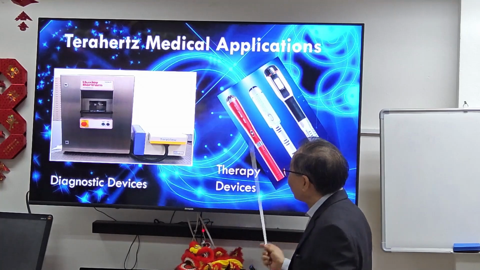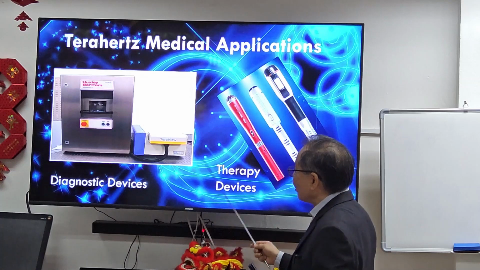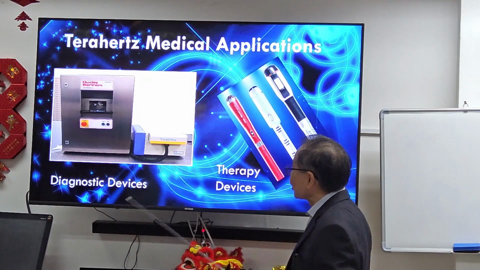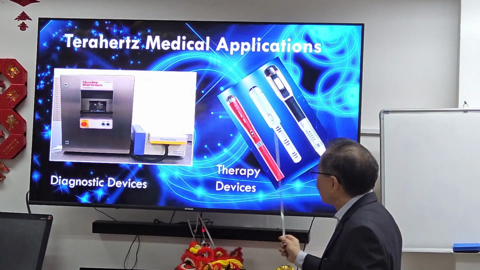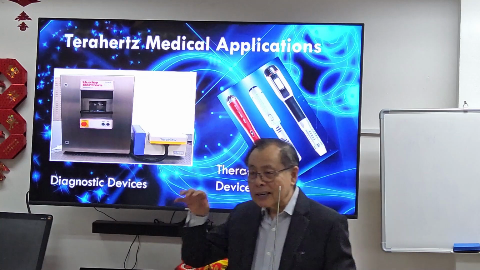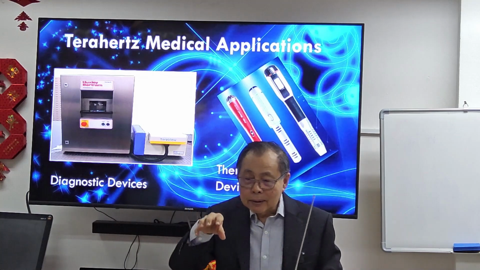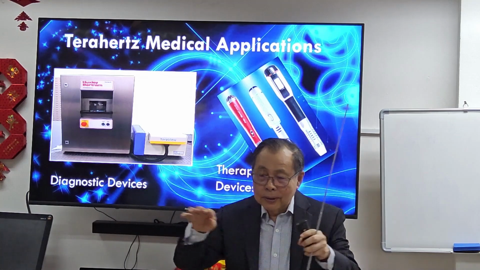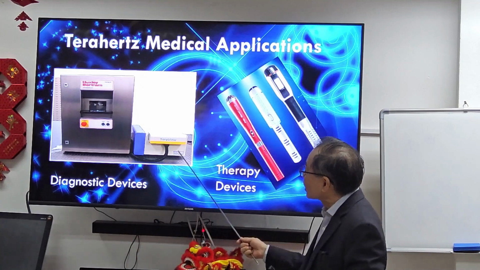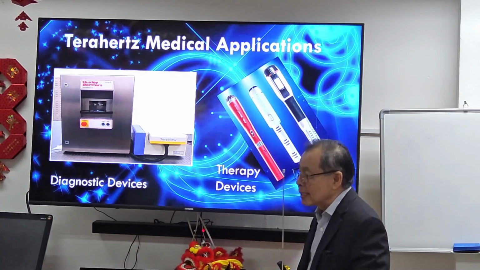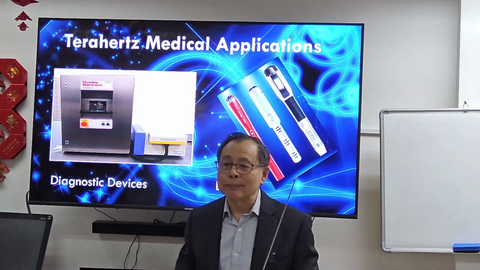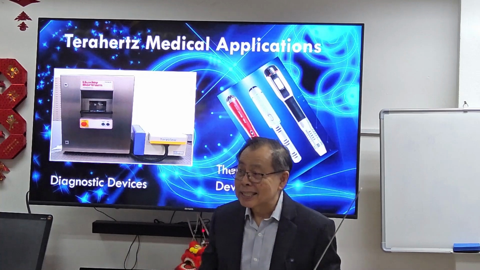So, over the years, if you look at the internet and look at TeraHertz and see what applications there are in medicine, there are two big groups of applications. One is diagnostic. Using TeraHertz, they can look into your body, like X-rays. Among some of the interesting things that can be seen, in the bone, for example, TeraHertz can pick up three different layers, which is quite amazing.